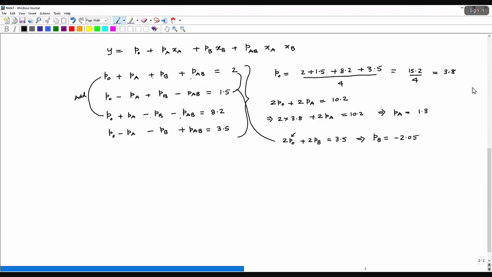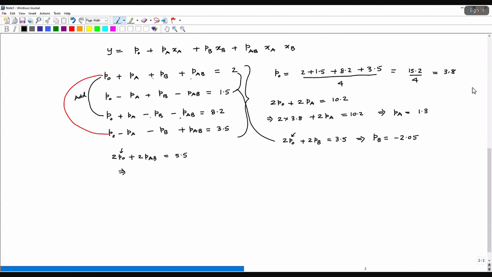Okay. Similarly, if you add the first and the fourth equation, you can get 2P0 plus 2PAB is 5.5.